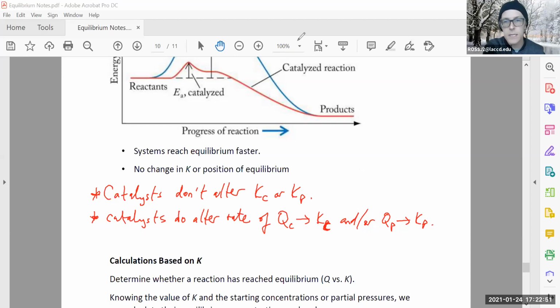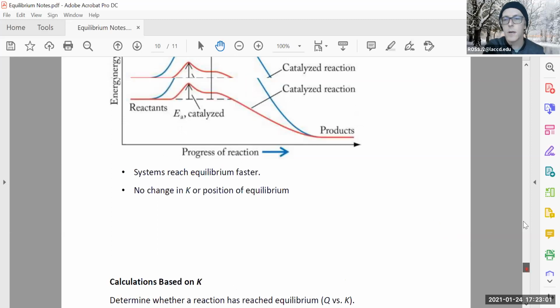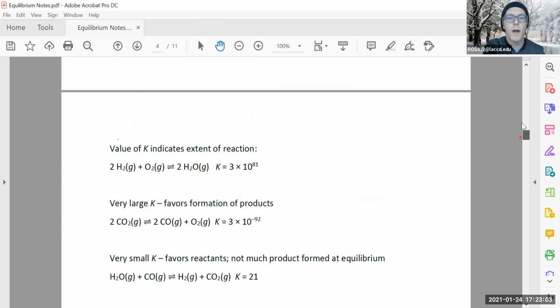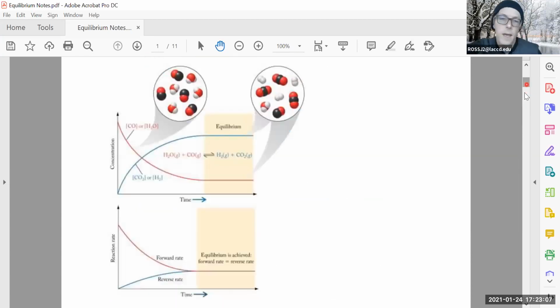So for example, seeing as it doesn't show you here, let me show you. I'm going to actually scroll back to a graph that I can actually use to demonstrate this. Yes. So if we go back to this graph real quick, let's say this is without a catalyst and we've got equilibrium here.